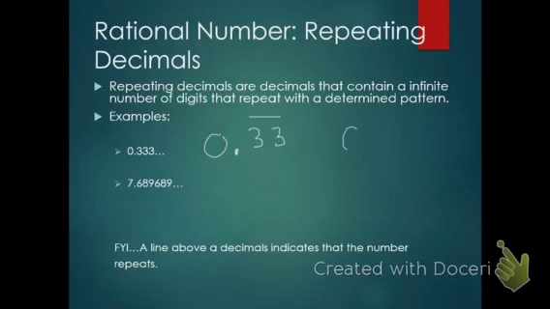Here's another example, 0.666, and then the 3 dots, which basically states that the 6 repeats with a determined pattern, so it can also be written as 0.6 with a line on top.